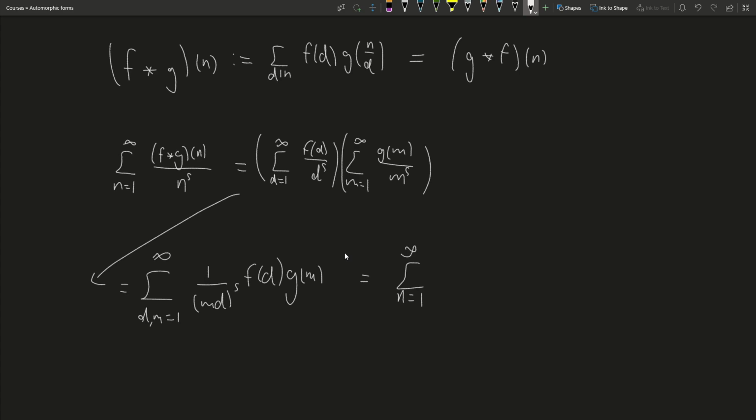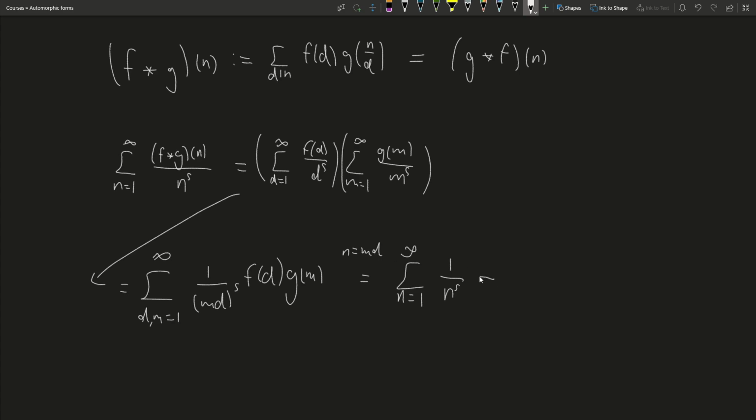Here you're making this change of variables, n equals md, and now you have a 1 over n to the s. And then for the numerator, you have to ask how many ways could md be equal to n?